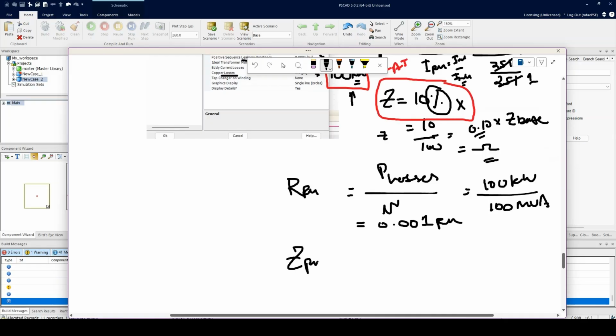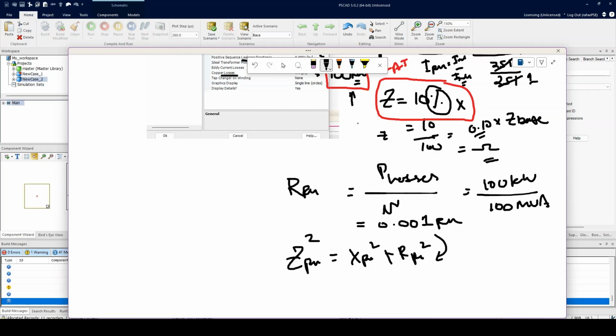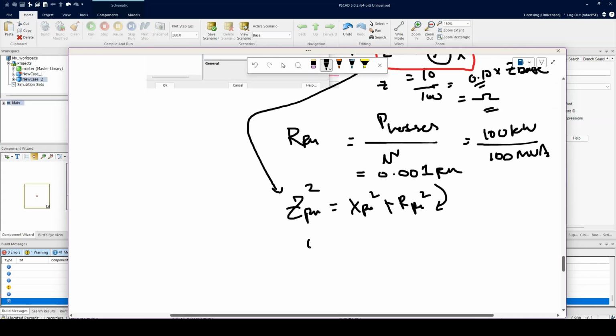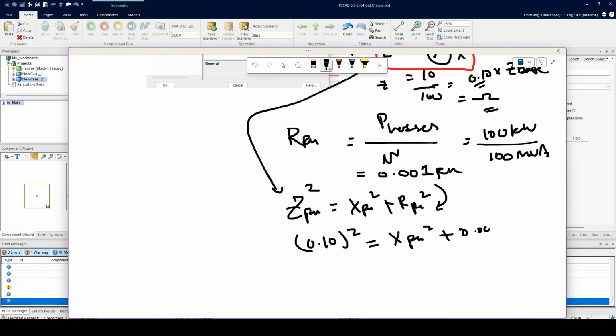We do know that Z per unit squared is equal to X per unit squared plus R per unit squared. So we have got the R now, and we have got the Z from there. So all we have to do is 0.10 squared equals X per unit squared plus 0.001 squared. Once you solve the equation, you will get X per unit equal to 0.099.